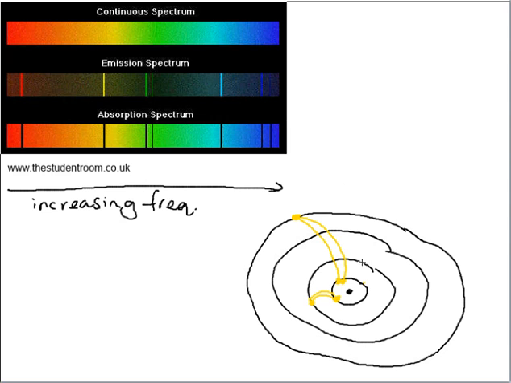An electron could go all the way over here and then jump back down here, but it could also go all the way over there and jump back down here, or all the way over there and then jump back down to the first place. So it can do a lot of jumping around, a lot of absorbing and emitting, and each element has a different pattern of absorbing and emitting. It has different numbers of electrons, different sizes, and so on.